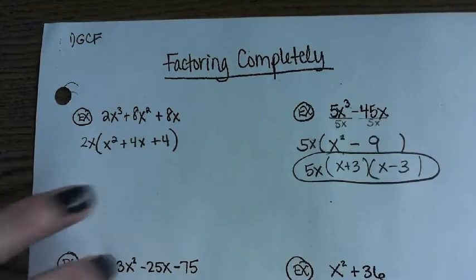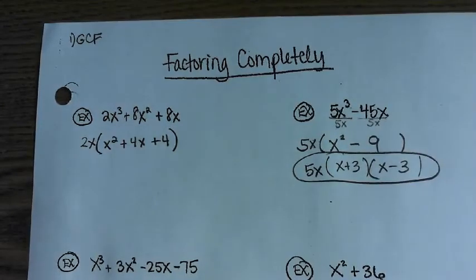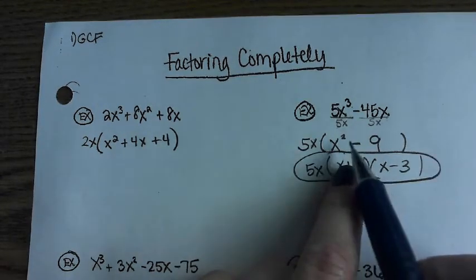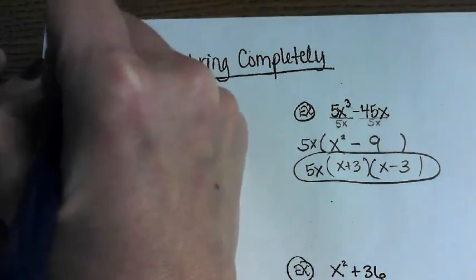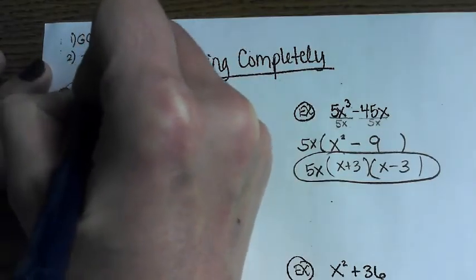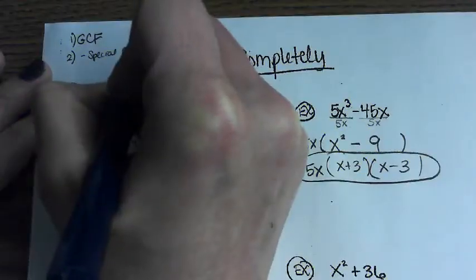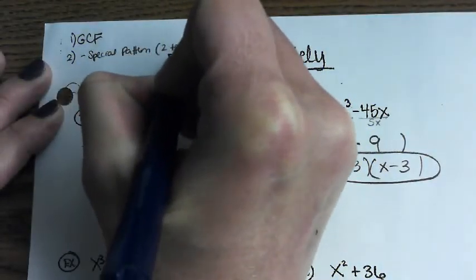Very good. So the second step when we're bringing all this factoring together is once you pull out your GCF, your strategy from that point forward changes based on your number of terms. Like over here we had 2 terms left, so we did a special pattern. So you can do a special pattern if it's 2 terms.